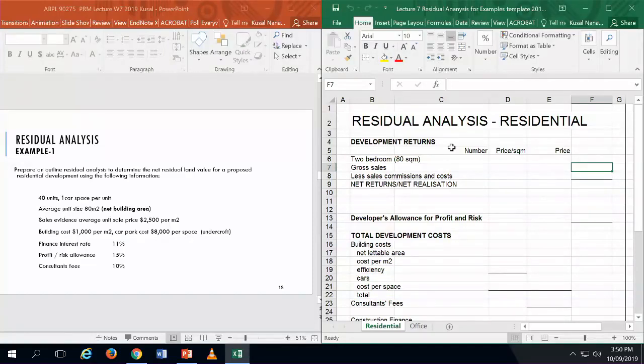Where it says sales evidence, average unit sales rates 2,500 per square meter, are we talking about net building area? Average unit size, sales evidence, average unit sales price $2,500 per square meter. Yeah, we can only sell net lettable area. But for building cost, you have to calculate the gross floor area. What's the building efficiency? Is it given?